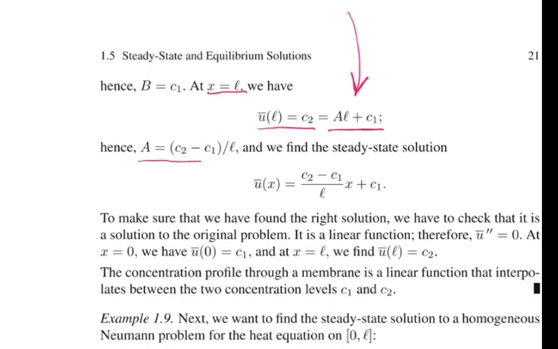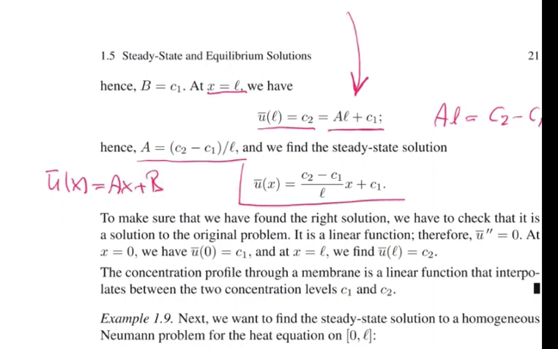So then a is C2 minus C1 divided by L. We get aL is C2 minus C1, and then we divide this by L, and we get a. Okay, going back to the earlier solution, we had u bar of x is ax plus b, and we now know what a and b are, so we can just sub them in, and we get this: u bar of x is (C2 minus C1) divided by L, times x, plus C1.